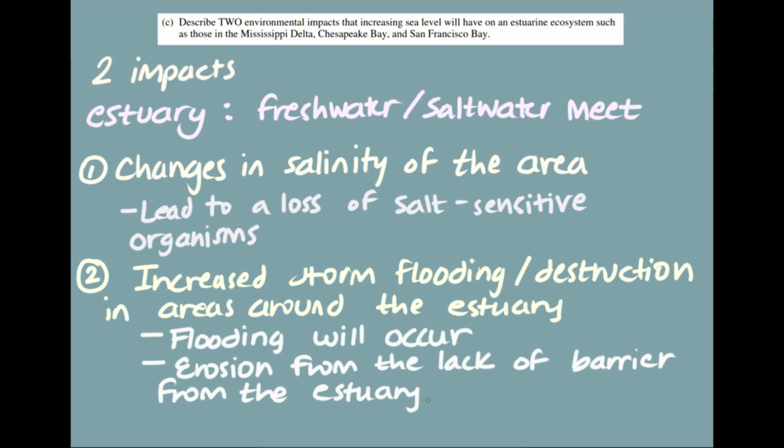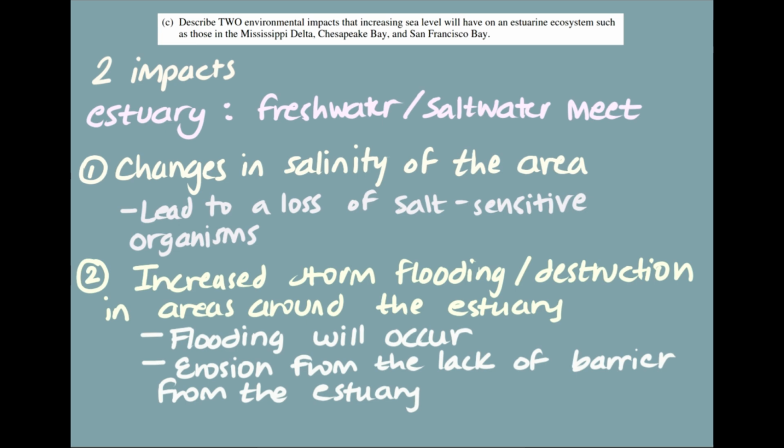So these are just two impacts, but again, this is a very open-ended question. So other things that we could look at as well, we could say increased nutrient load into the water. Estuaries filter out a lot of these nutrients. So without them, things like eutrophication and algal blooms are up for grabs, especially if we're talking about the Mississippi River Delta. That is very, very common in that area. Just in general, loss, flooding, and erosion of the habitat.